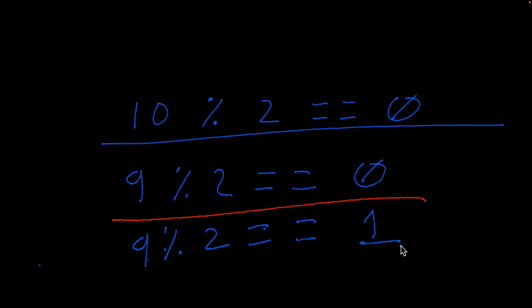We can check to see if something is even, if something is odd. Because if, for example, we have a number x, right? We don't know what number it is. We're just given a number x. It could be any number.